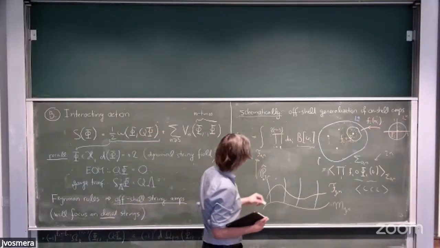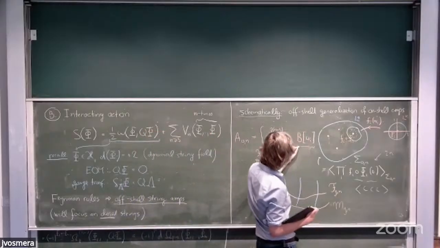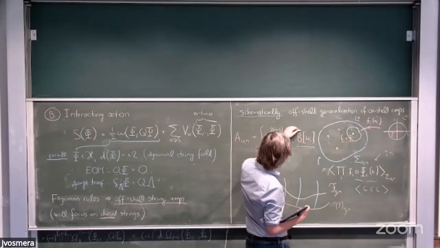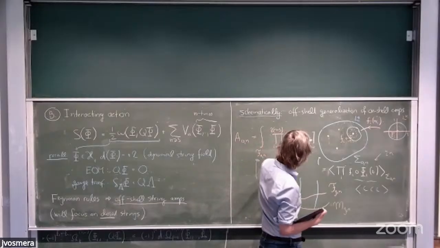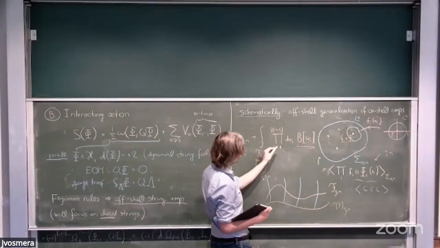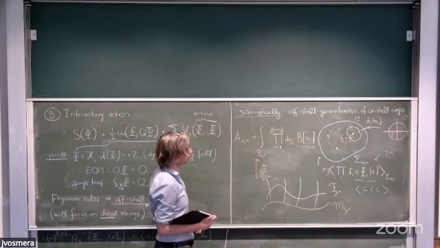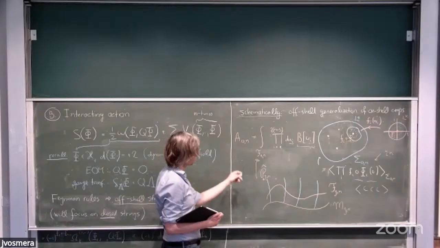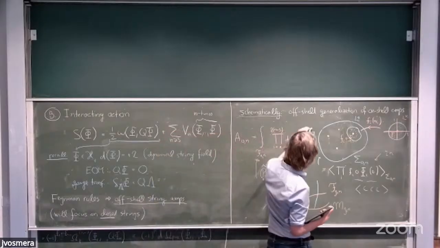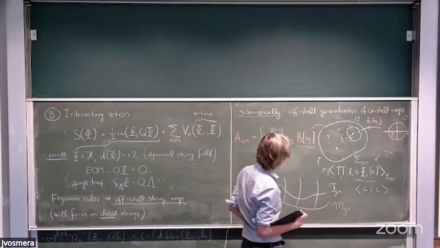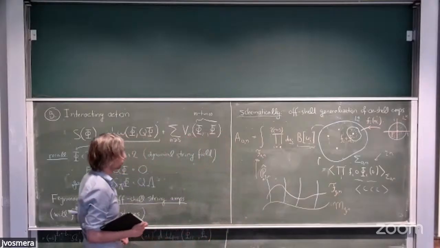So this is the meaning of this. These are schematically some B ghost contours, which will be functionals of the coordinates u_i on the moduli space, which very simply you can think of as the position of the external punctures, and these contours are to be inserted inside this correlation function.